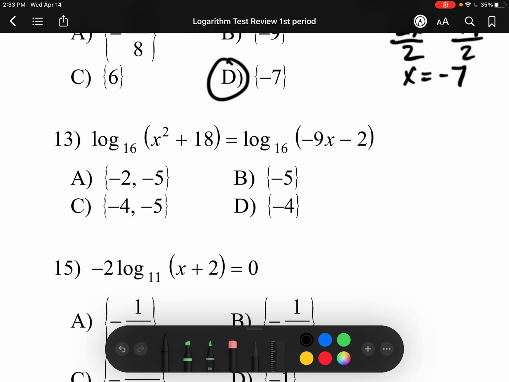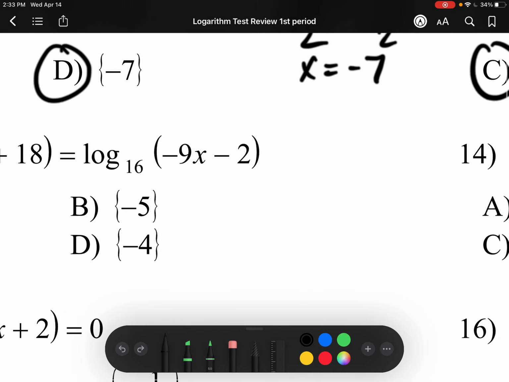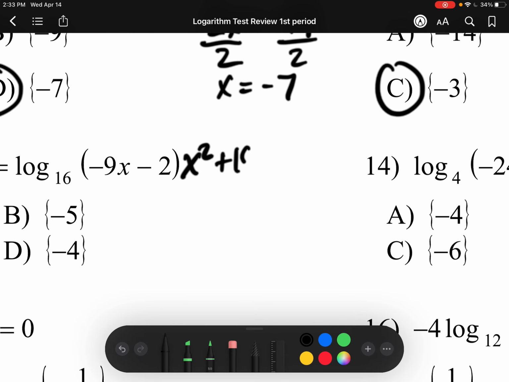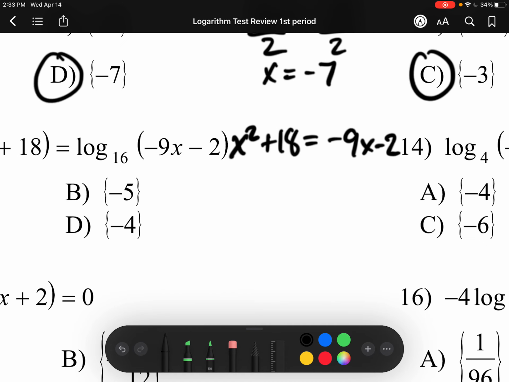For number 13, we have x squared, so that means that we're going to have two solutions, right? So already condensed, so all I have to do is set these equal to each other. So I have x squared plus 18 is equal to negative 9x minus 2. Since we have two solutions, the easiest way to solve is to factor.